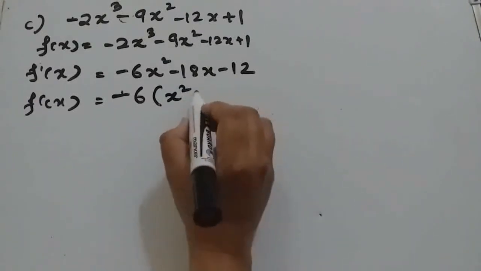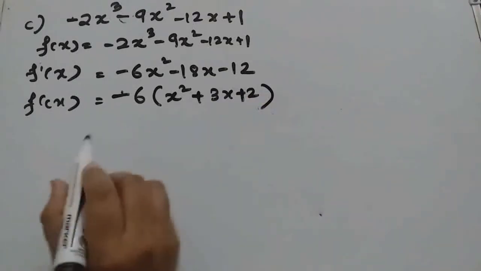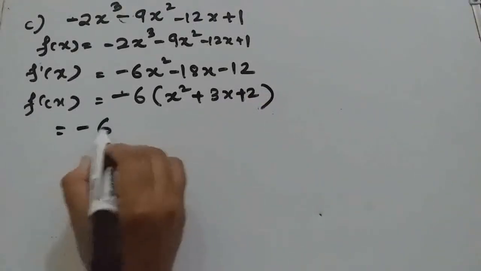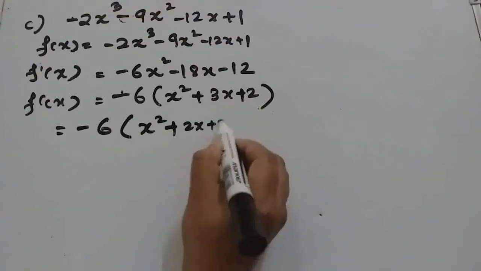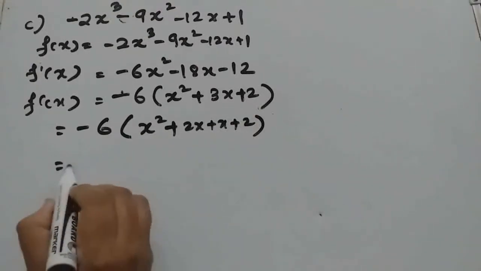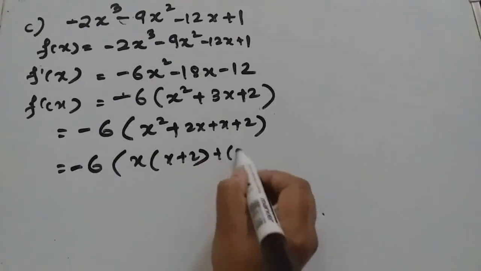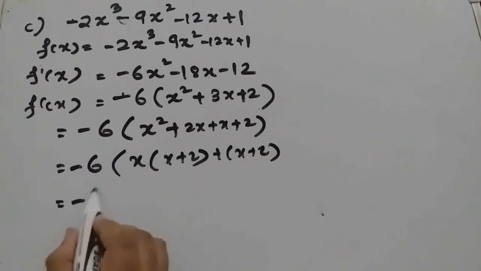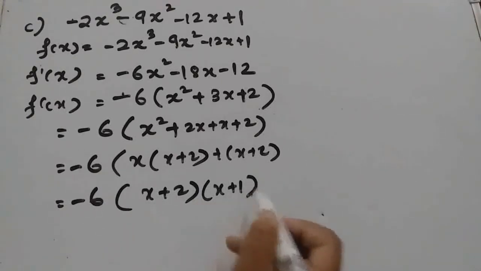So x square plus 3x plus 2. So we can write this as x square plus 2x plus x plus 2, x common, x plus 2 plus x plus 2. So x plus 2 and x plus 1.